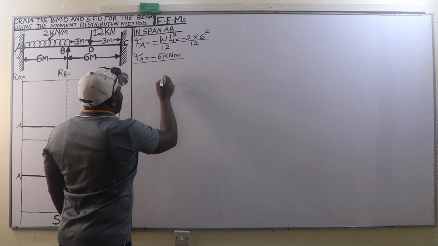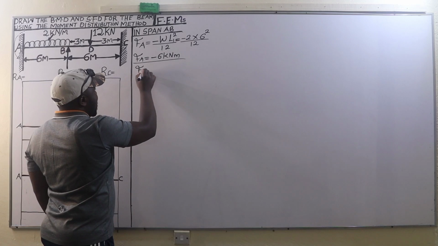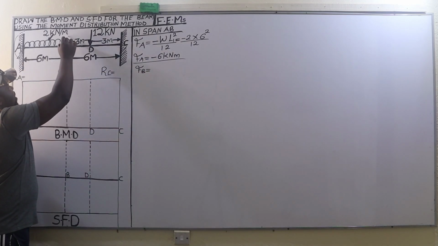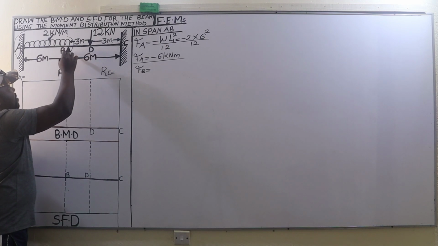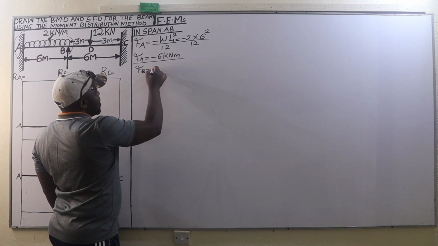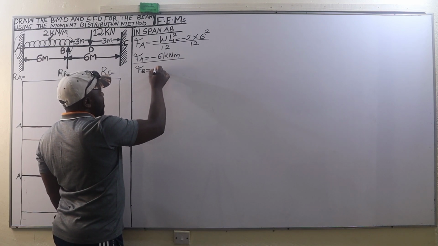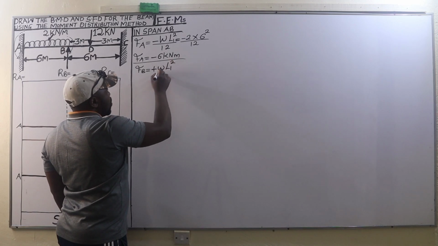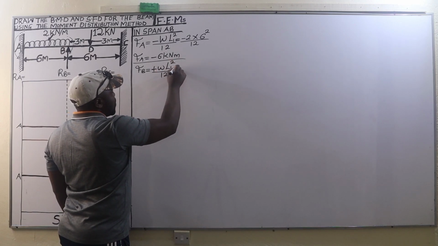Then from there we go to the fixed end moment at B in the span AB, and in this case the fixed end moment at B is going to be a clockwise moment, and therefore we are going to apply this formula: positive W L1 squared divided by 12.